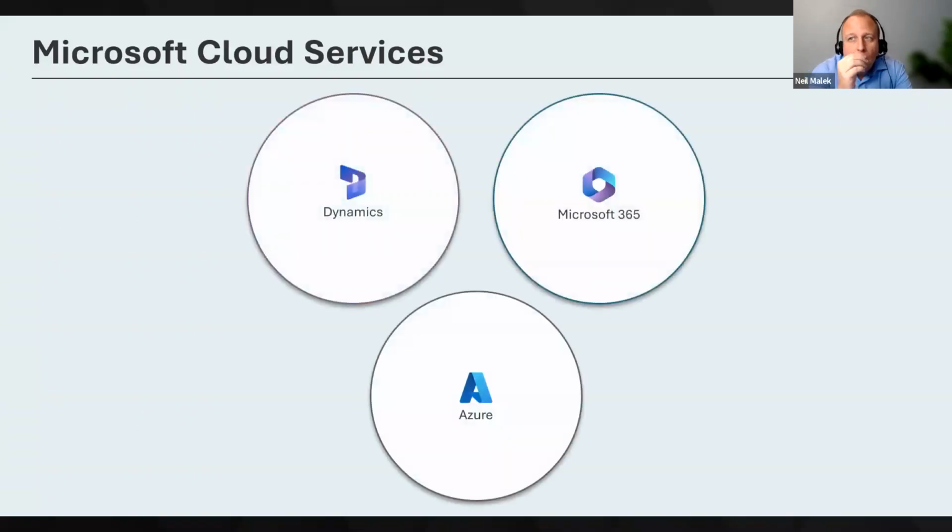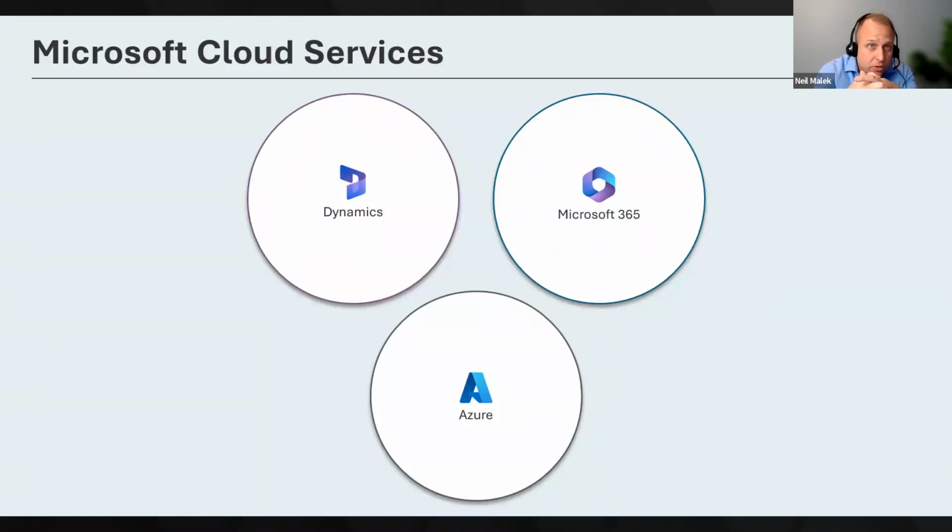Of the different services Microsoft offers, you can think of Word, Excel, PowerPoint, Outlook, OneNote, Visio, SharePoint, Teams, OneDrive, Planner, Forms, Microsoft To Do, Stream. Think of all of those systems as simply Microsoft 365. That's the day-to-day productivity software.